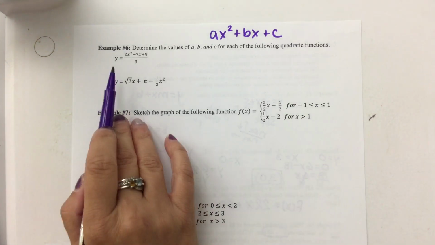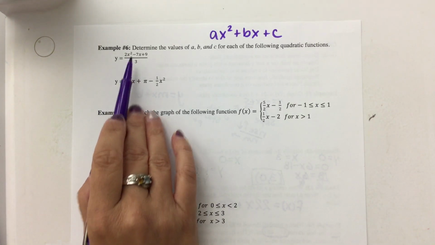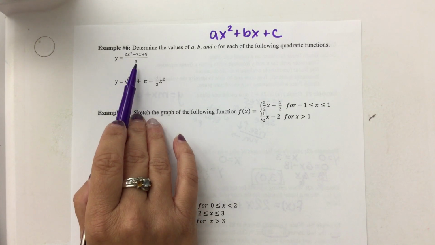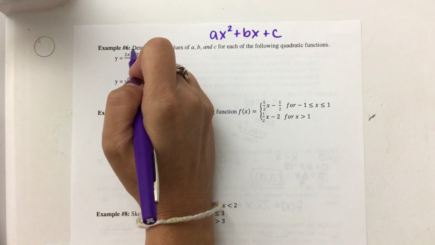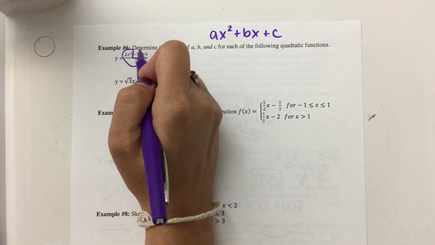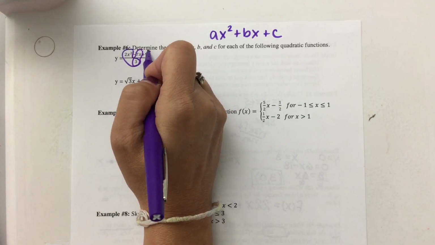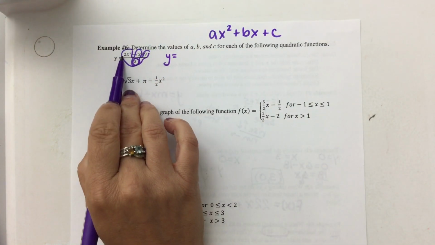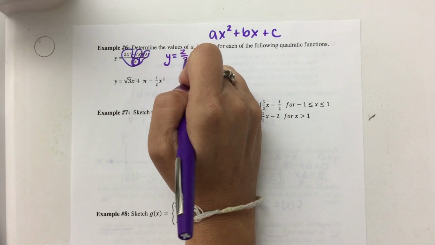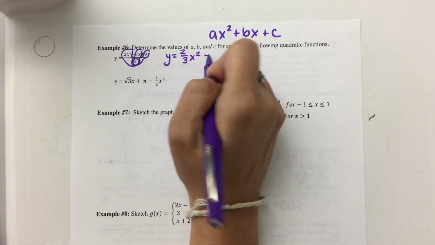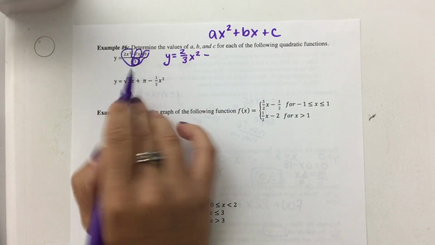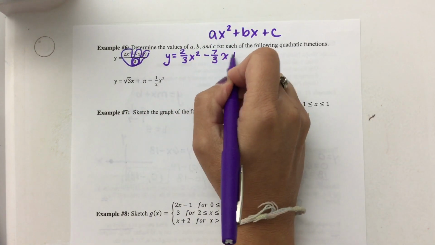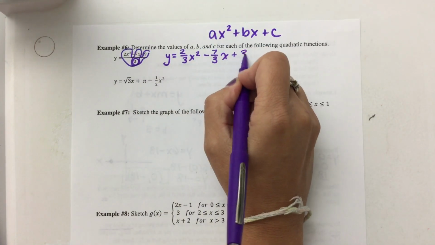Well, one thing that we want to make sure that we remember, if you have a polynomial on the top of a monomial, what you are allowed to do is separate this out into multiple fractions. So what that means is I can have y equals 2/3 x squared, minus, because there's a minus sign, now 7 goes over 3, that's x, plus, because it's a plus sign, 9 over 3 is 3.